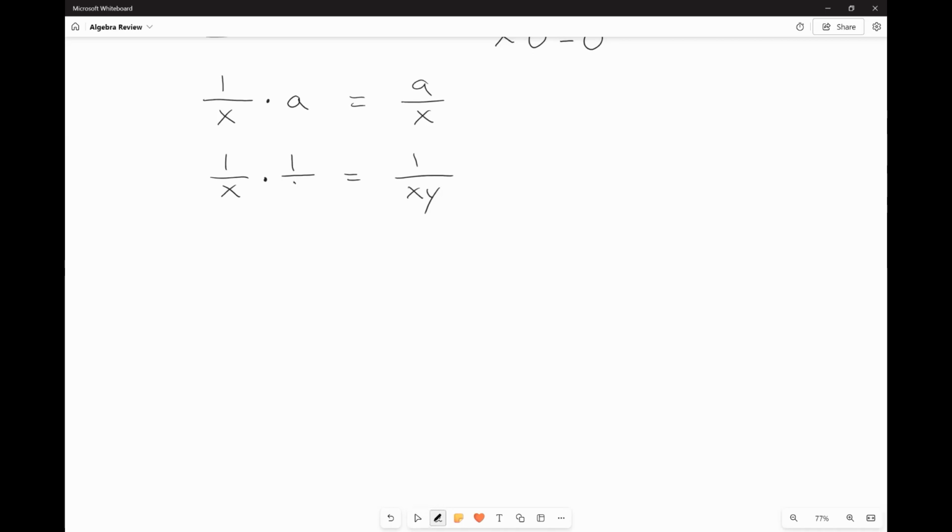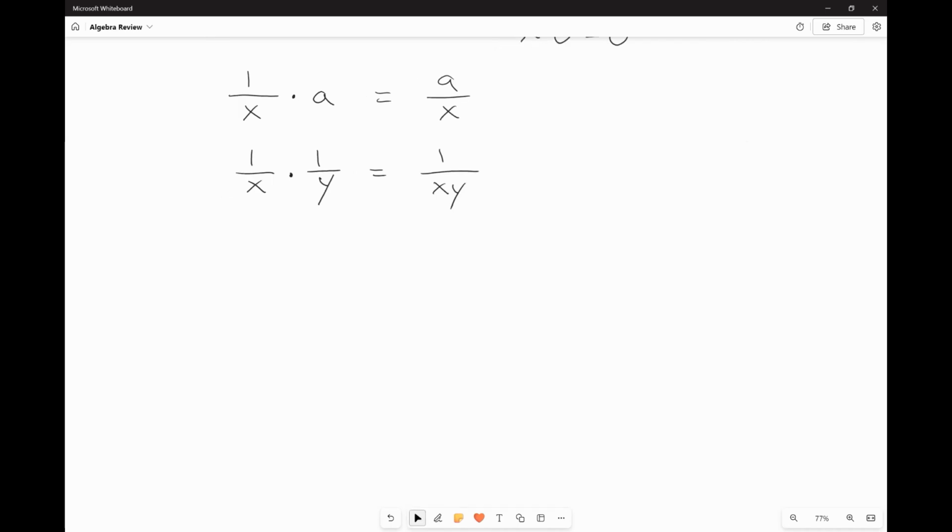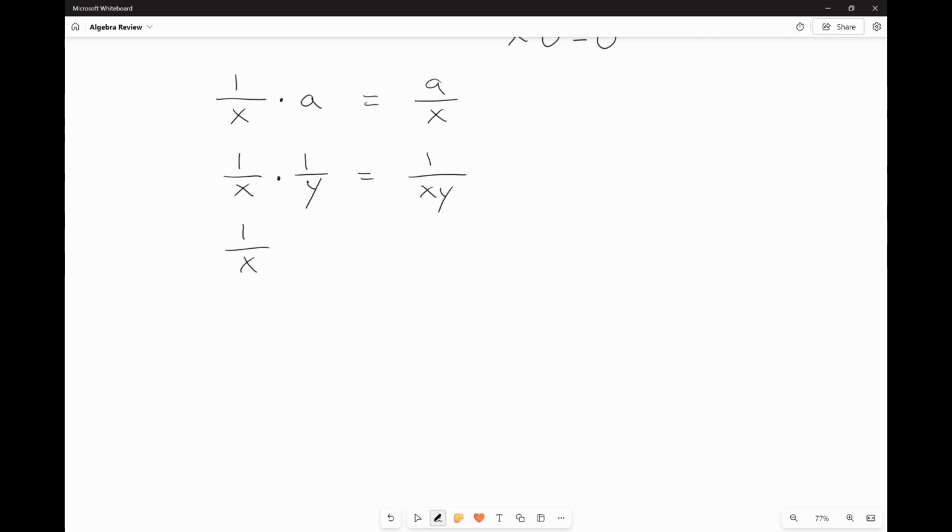Let me write this y a little bit better here. Likewise, if I had 1 over x times 1 over x, that would be equal to 1 over x squared. If you multiply fractions, you multiply the numerators together and the denominators together.